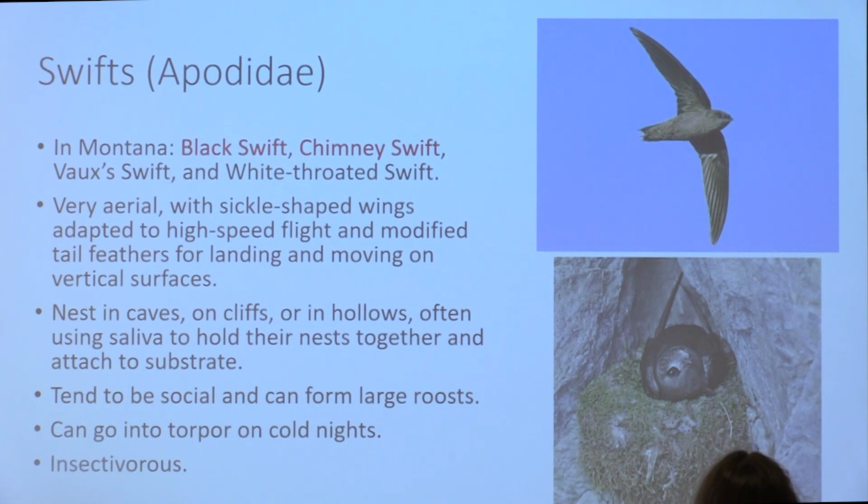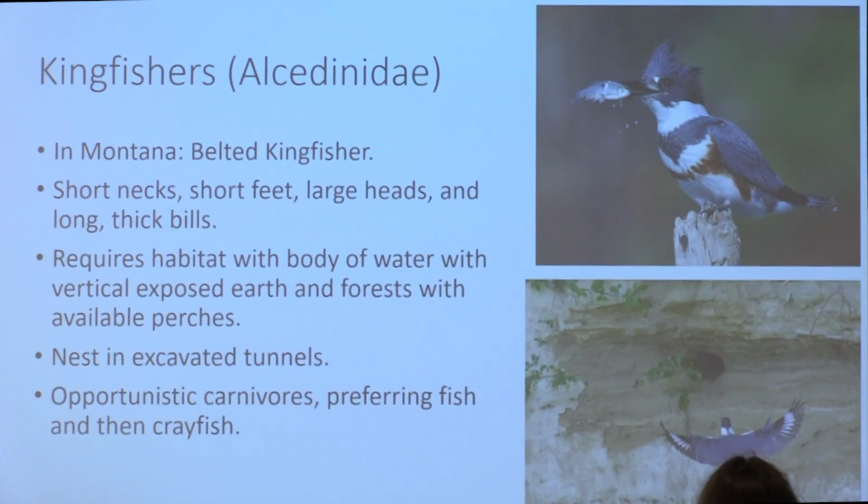So that can be caused by reduced snowpack, by early spring thaw, and they're also threatened by increased recreational activities near their nesting sites, so like rock climbing or some increased floating, like we have in Montana near cliff sides.